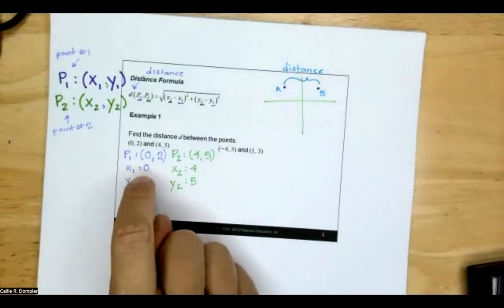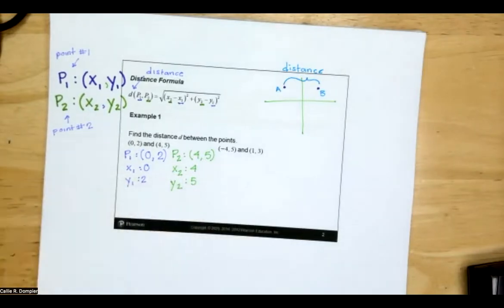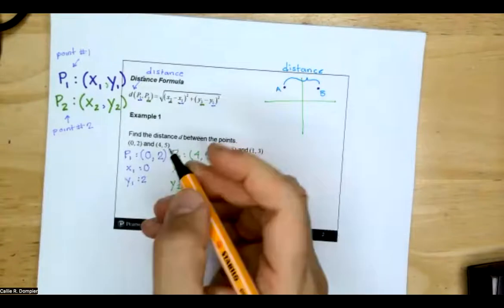Now I have X1, Y1, X2, Y2. I'm just going to input them into this formula.